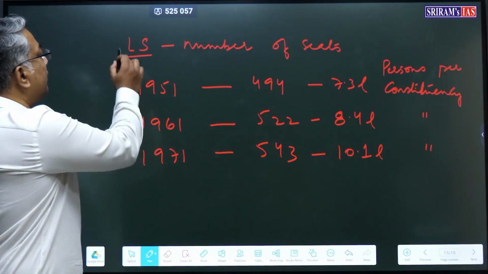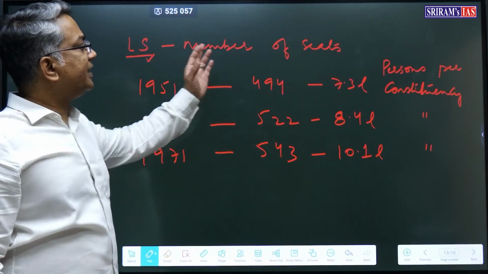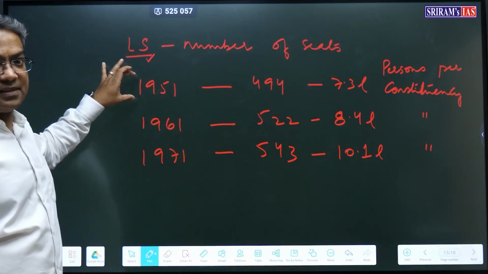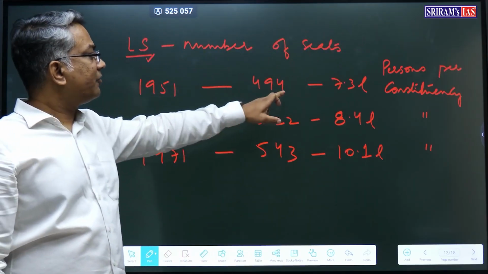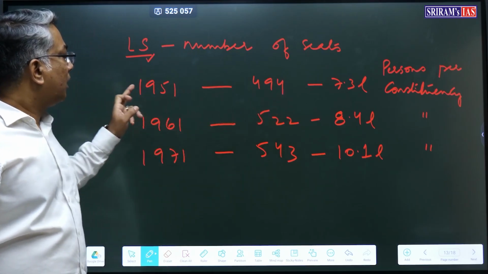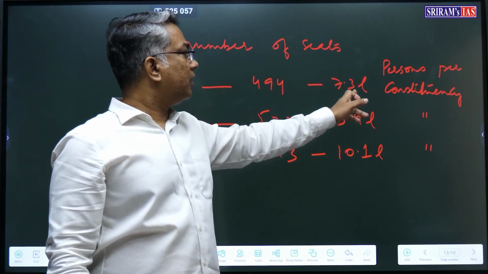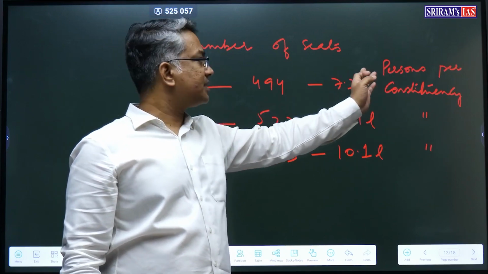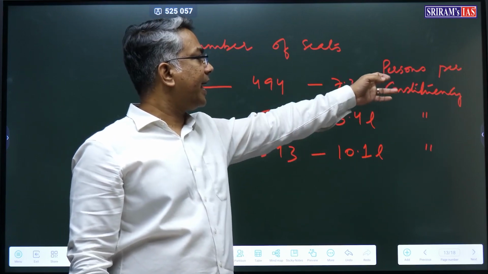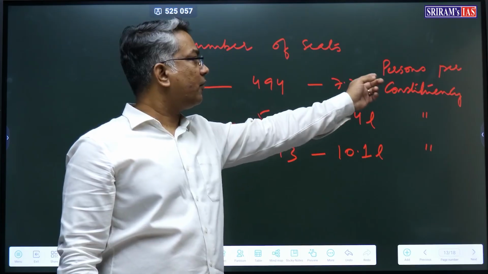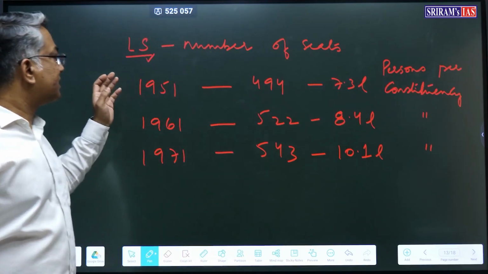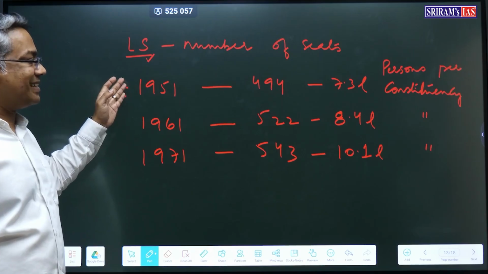Now, in Lok Sabha, the number of seats according to the 1951 census was fixed at 494, and it was 7.3 lakh persons per constituency. Okay, one MP represented 7.3 lakh persons per constituency according to the 1951 census.